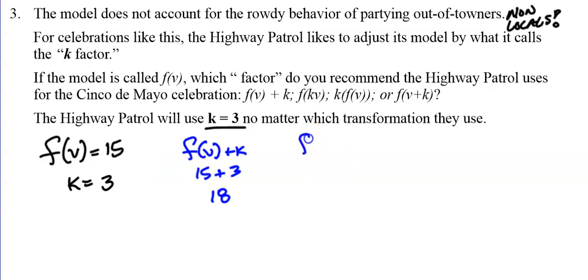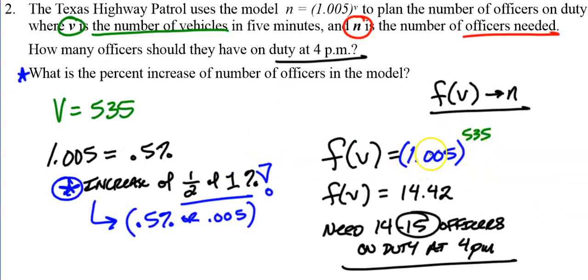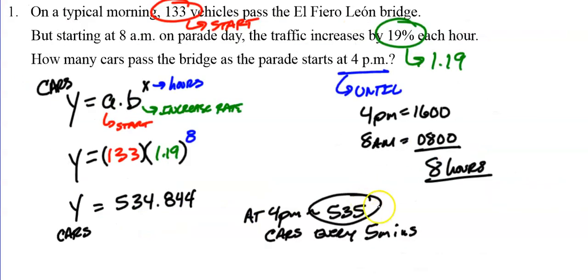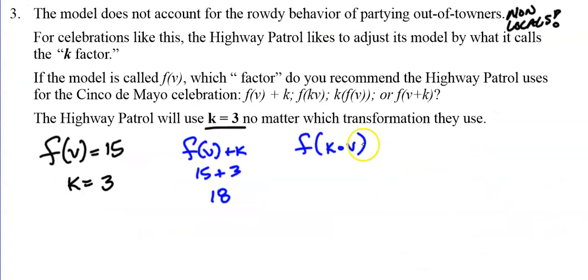Then we have f of K times v, so we're multiplying. Keep in mind f of v was also this.